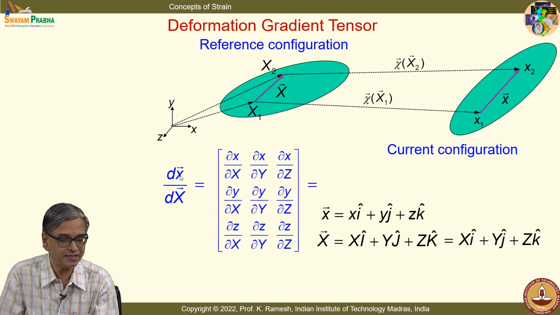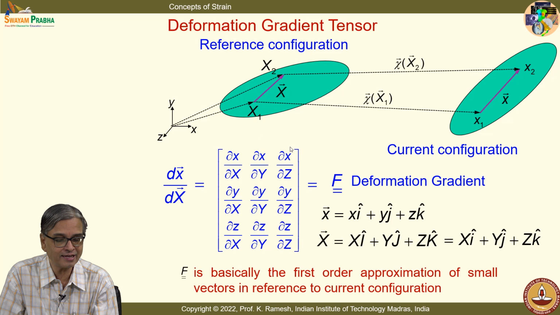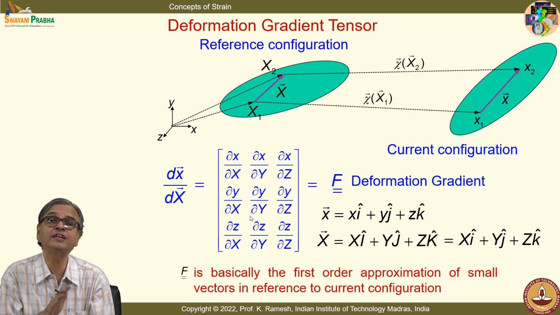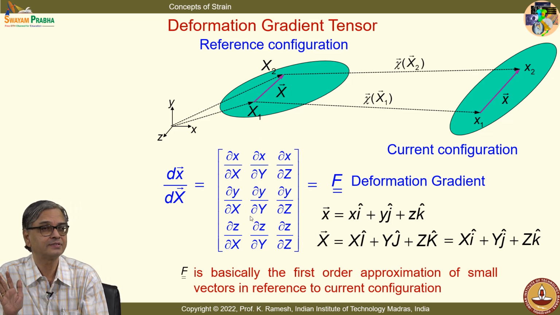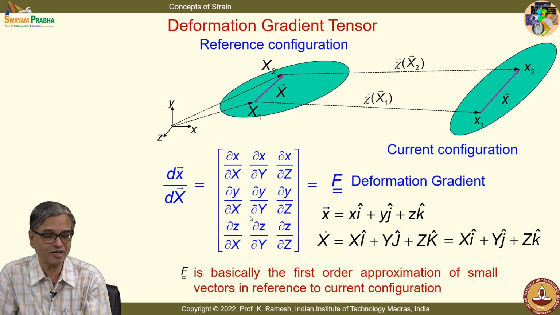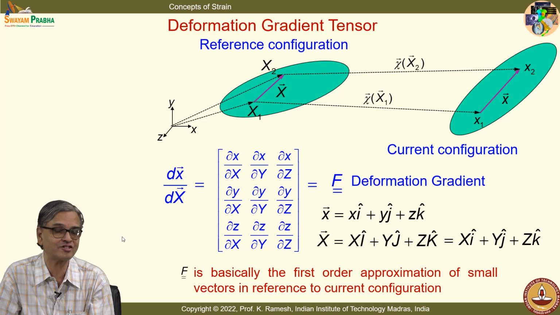This is a vector field, d small x divided by d capital X, and you call this matrix a deformation gradient tensor, and the tensorial quantities are illustrated with two horizontal bars below the quantity that says it is a tensor of rank 2.